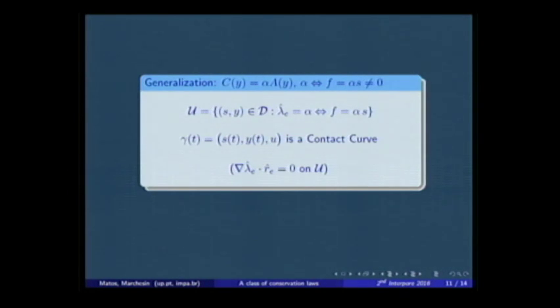Well, actually, this could be easily generalized to the case where C equals alpha A, and it's the same. So now we have F equals lambda S instead of F equals S or F equals 0. This curve is also a contact curve, and the projection works perfectly.